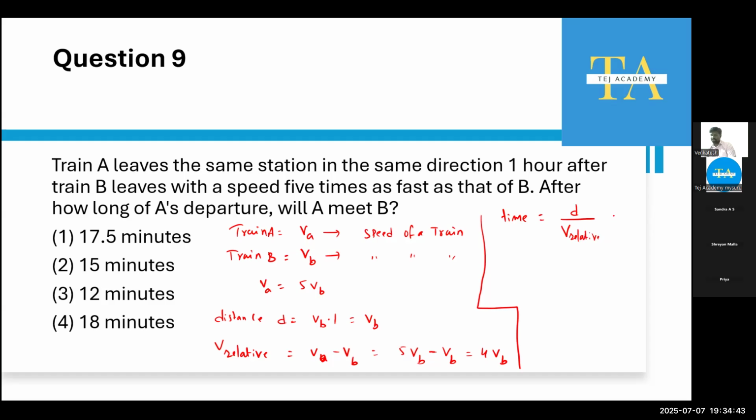Distance is VB, by V relative, which is 4VB. This VB cancels, so the time is 1 by 4. To convert to minutes, 1 by 4 into 60, which is equal to 15 minutes. So A will be meeting 15 minutes after. I hope so. Clear?